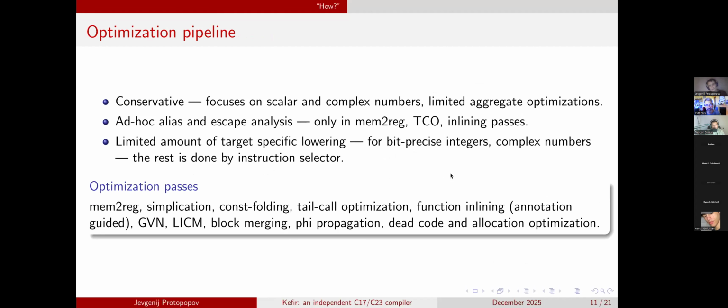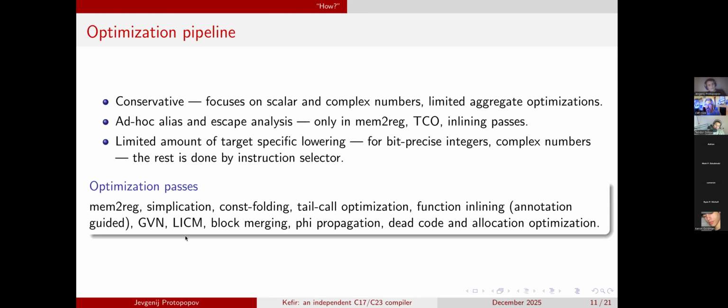I do some when I lift memory to registers, do tail call optimization and inlining. But it's very ad hoc at the moment. And there are some optimization passes listed in the slide which I do, which should cover a lot of good ground.